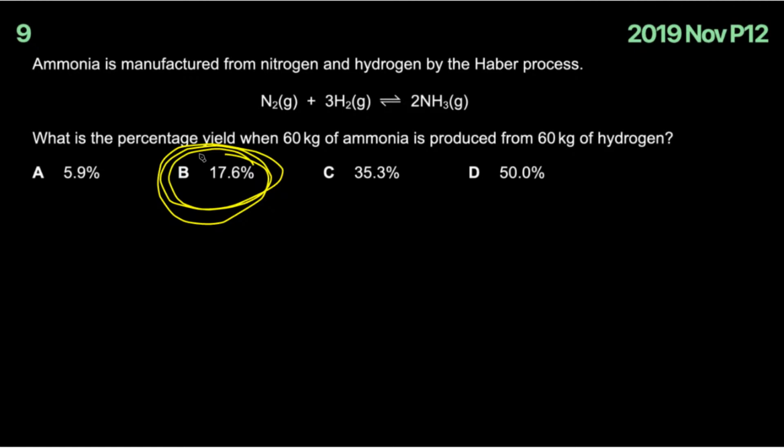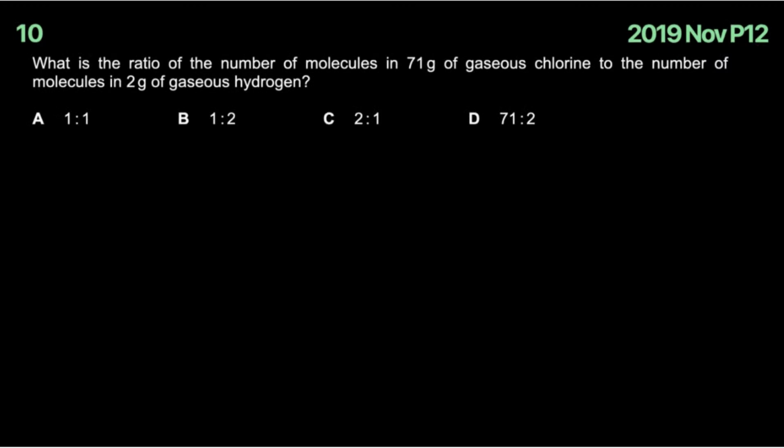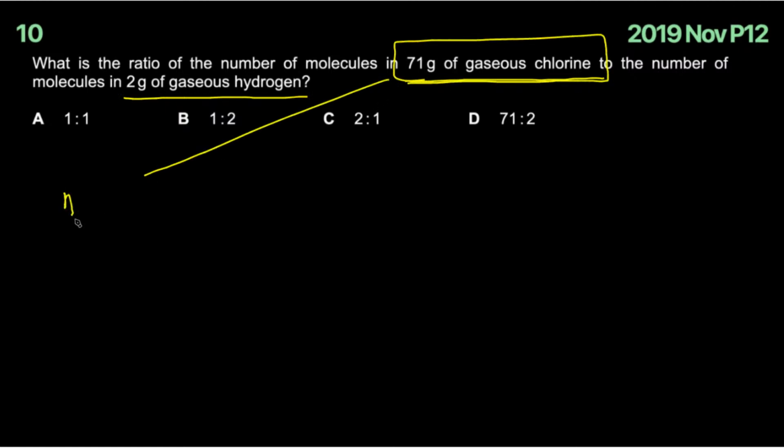Awesome. Okay. Next up. What's the ratio of the molecules in 71 grams of gaseous chlorine to the number of molecules in 2 grams of hydrogen? So it asks about molecules. Basically, find the number of moles for molecules, which will be mass over Mr, and gaseous chlorine is Cl2.